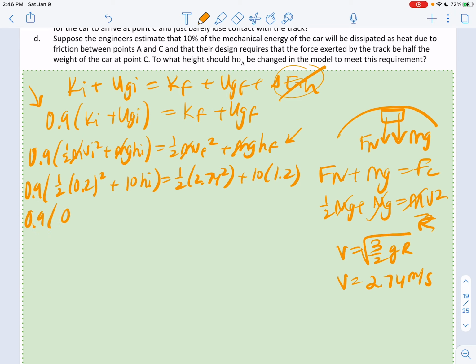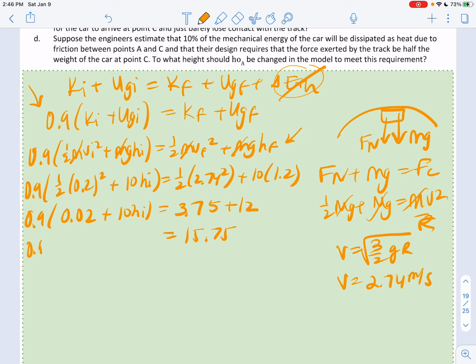So 0.9, 0.02 plus 10hi equals 3.75 plus 12. So 15.75 over here, and now I'll distribute in the 0.9.